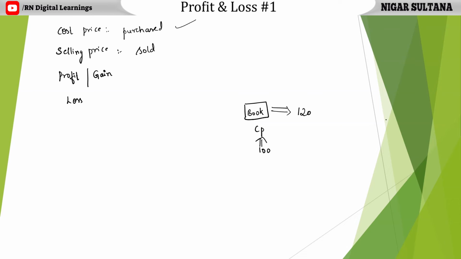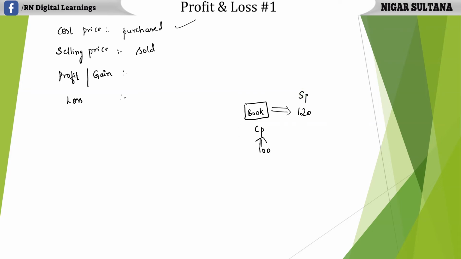Now with the help of this example, I will be explaining what is the profit and loss. I have purchased one book for 100 rupees, that is my cost price. Now I will be selling the same book to another person for 120 rupees. So this is my selling price.